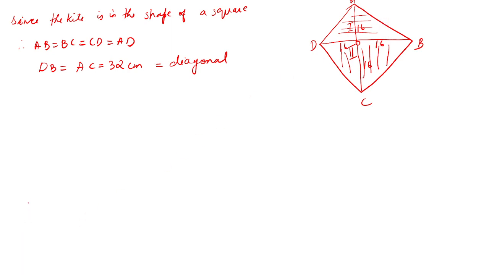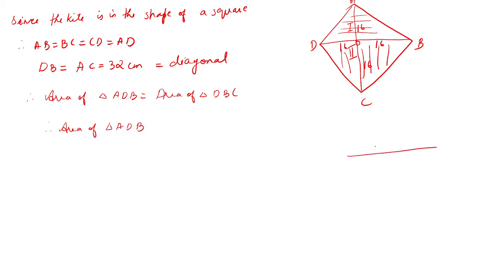Therefore, let us consider the area of triangle ADB, which is going to be the same as the area of triangle DBC. Therefore, area of triangle ADB. Now you try to draw triangle ADB. What are you left with? This is your triangle A, D and B. What is DB equal to? 32.